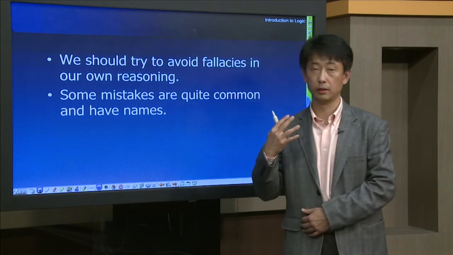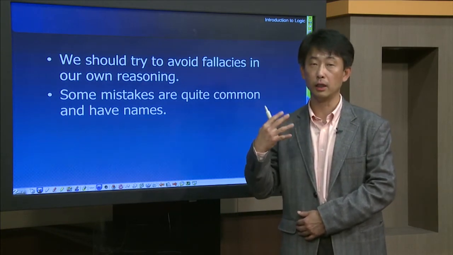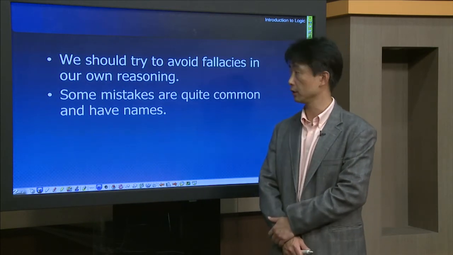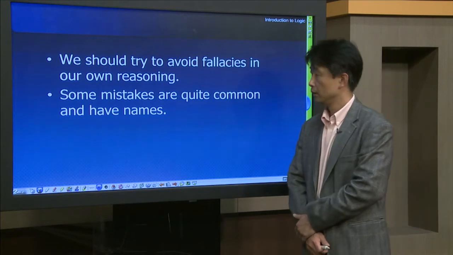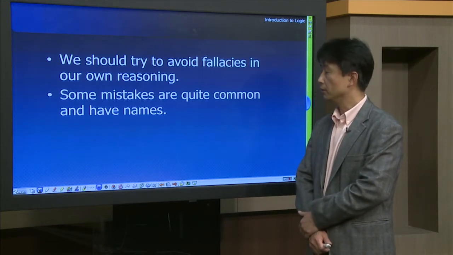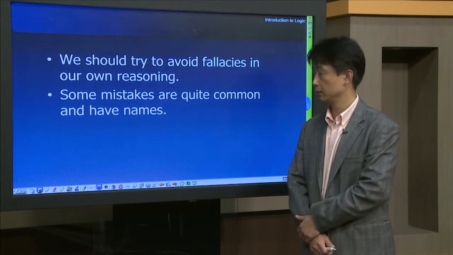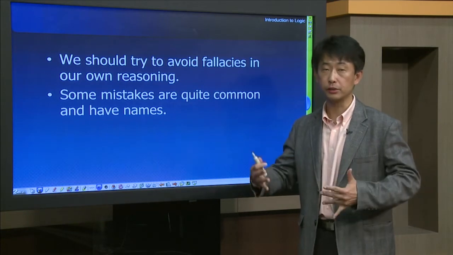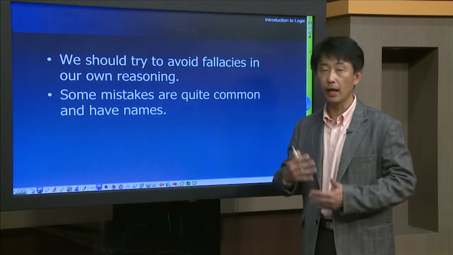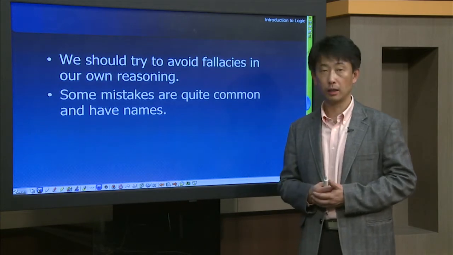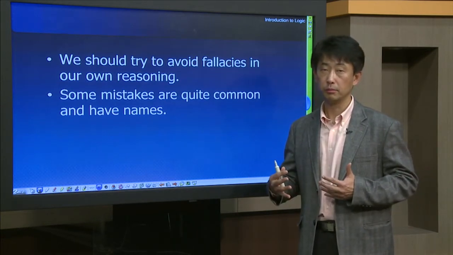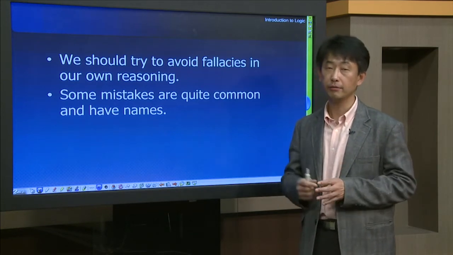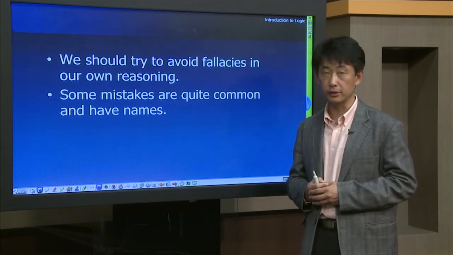But whether it's intentionally or unintentionally, we have to try to avoid making fallacies. And some fallacies are quite common. Logicians have studied these logical errors that people make, and they have found out that some mistakes in reasoning and thinking are so pervasive that they have named certain fallacies.